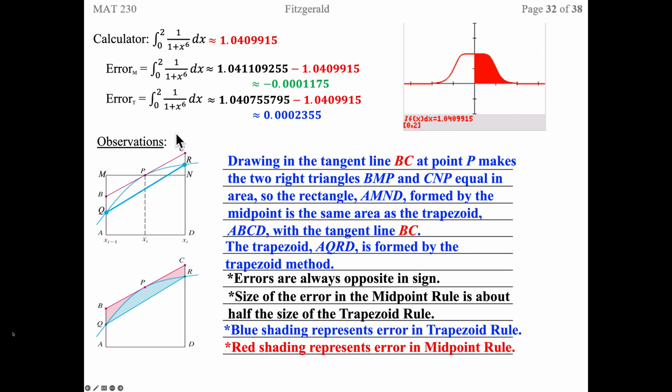And if it concaves the other way, then it's reversed. So the one thing I want you to notice is that my midpoint, again, trapezoid ABCD, is going to be slightly higher in estimation than our trapezoid technique AQRD all the time. All right, so that means midpoint is bigger, trapezoid is smaller. So your errors in your signs have to be opposite all the time.